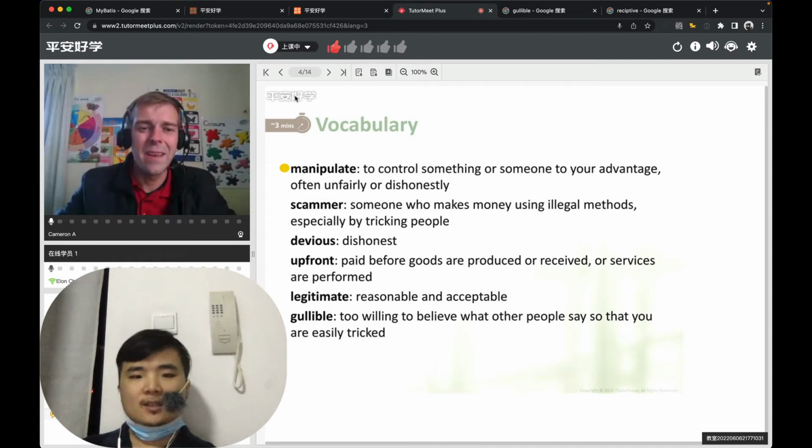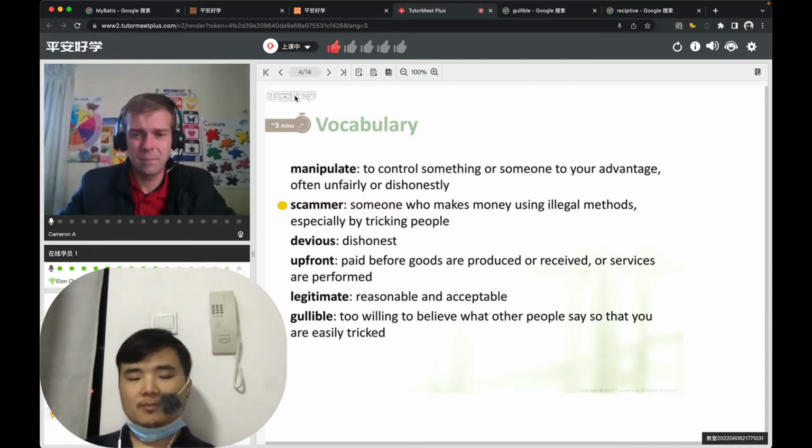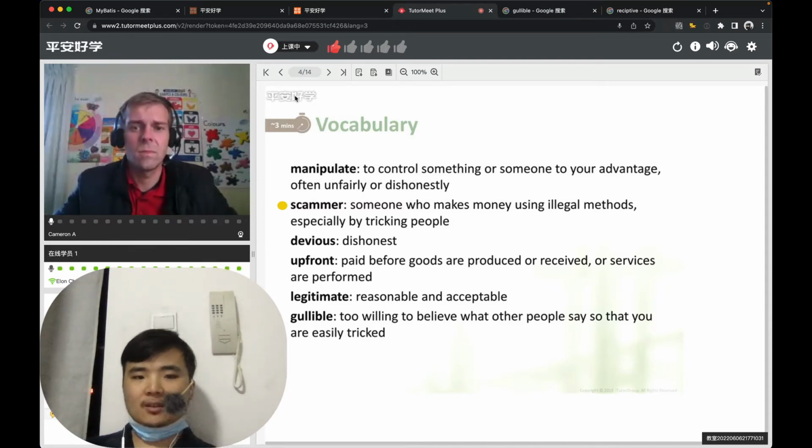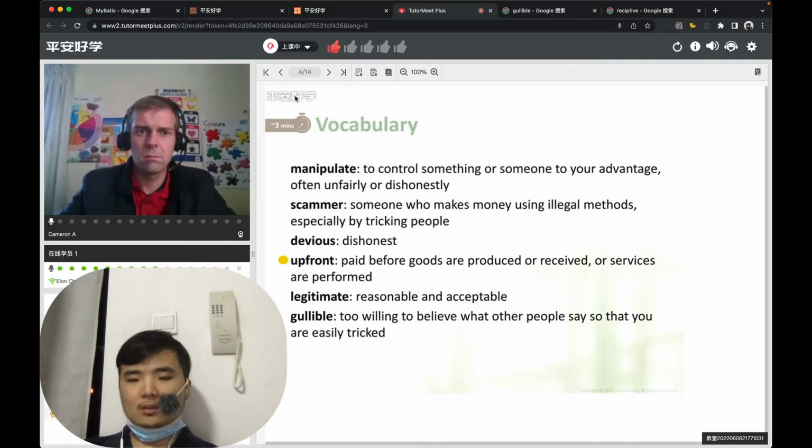Excellent. Good. Next one is scammer. Scammer: someone who makes money using illegal methods, especially by tricking people. Devious: dishonest. Good. Upfront: paid before goods are produced or received or services are performed.